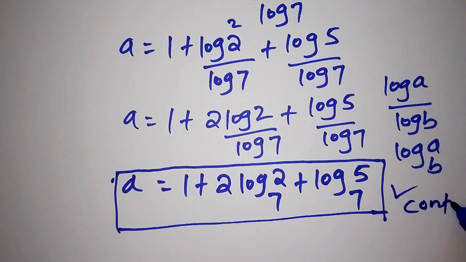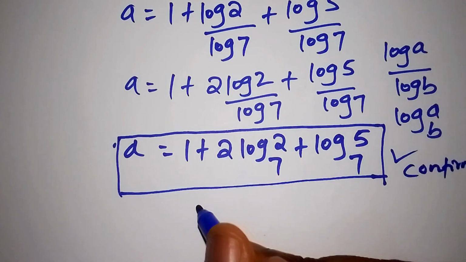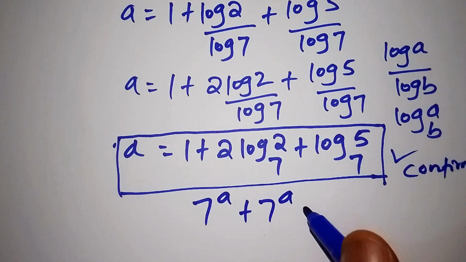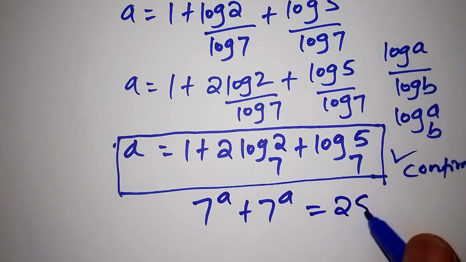So let's now confirm. This is what we had: 7 to the power of a plus 7 to the power of a is equal to 280.